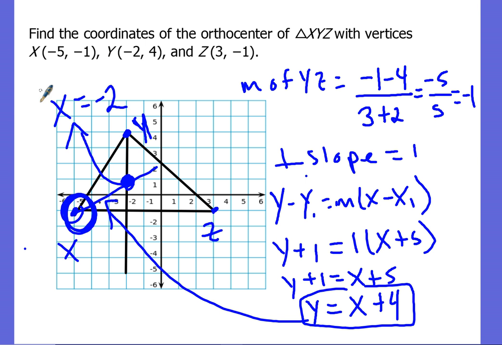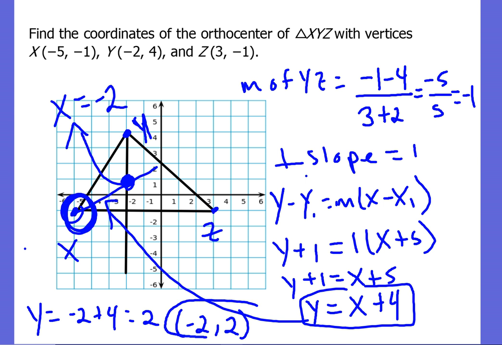So if I can take this x equals -2 and substitute it into there, I will find out what the other y value is at this point. So y equals -2 plus 4, and -2 plus 4 is 2. So I can find my orthocenter at -2, +2.